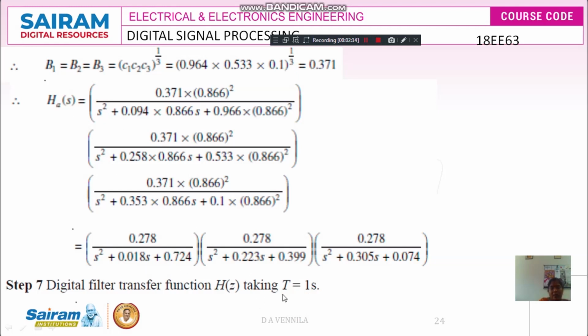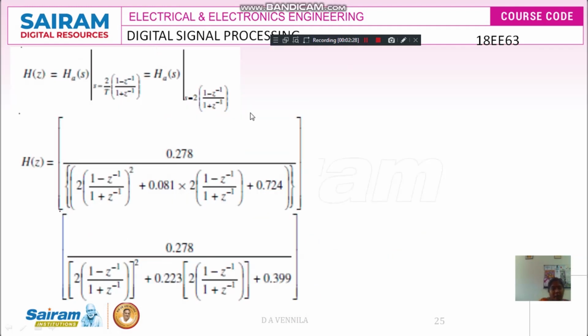Now, it is not given which transformation technique to use to convert this analog transfer function to a digital transfer function, and the sampling period is also not given. So here we take the sampling period equal to T, and we are going to use the bilinear transformation technique, as I already told. In the bilinear transformation technique, wherever s is there, you have to replace it with 2 by T, 1 minus z power minus 1 divided by 1 plus z power minus 1.